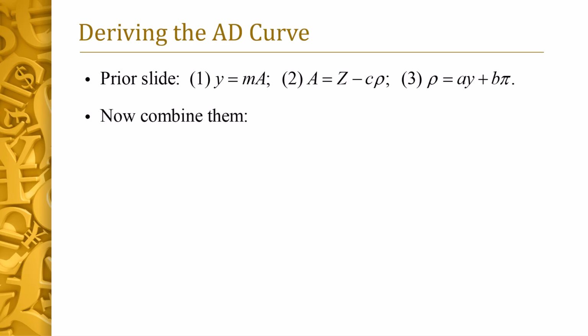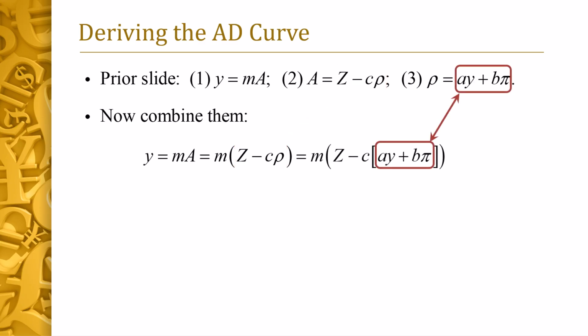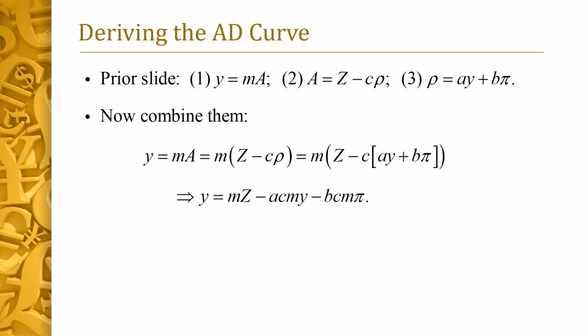We now combine them. We begin with equation 1. We then replace A with its expression from equation 2. We next replace rho with its expression from equation 3. Simplifying the result, we find that output y equals mz minus acmy minus bcm pi.